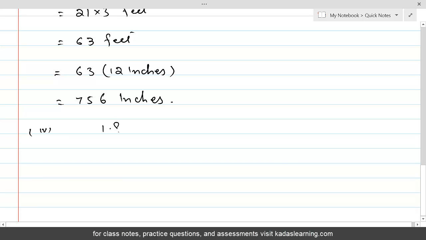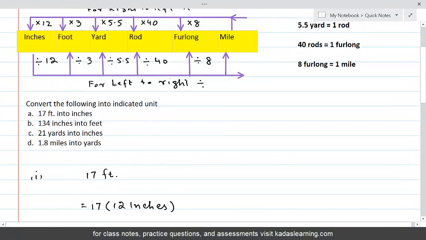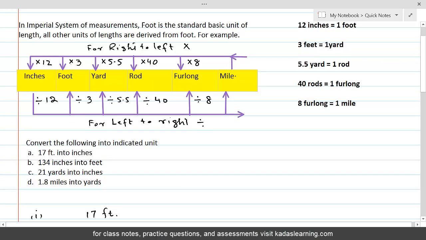So 1.8 miles. On the chart, identify where the miles are. That is your origin. And then from mile to furlong, furlong to rod, and rods to yard. So first we will multiply by 8, then by 40, and then by 5.5.